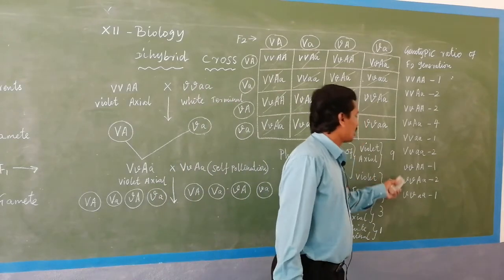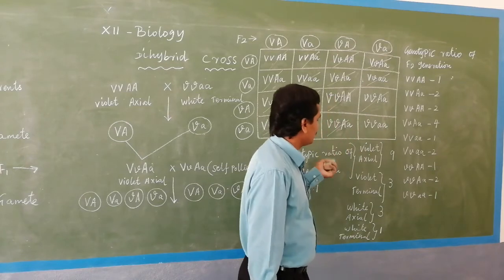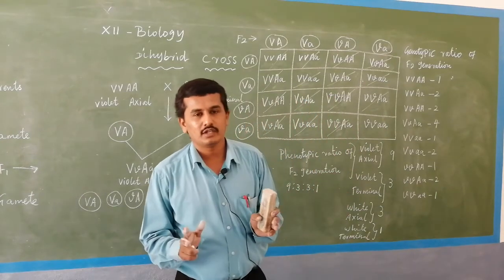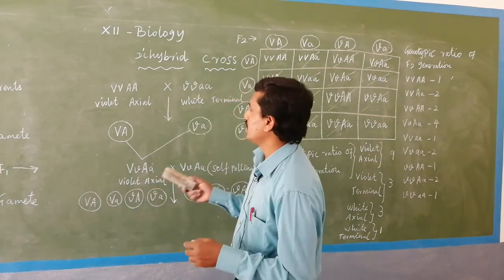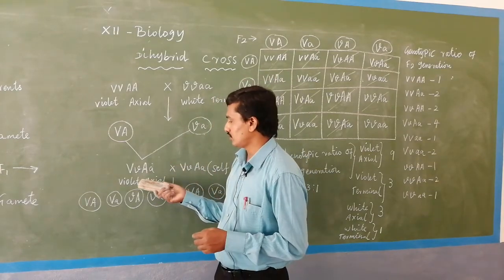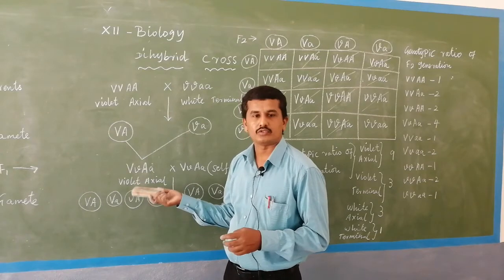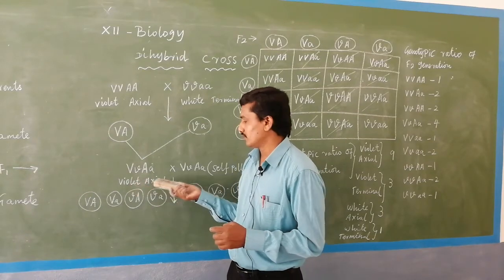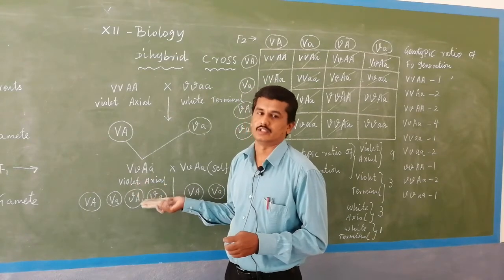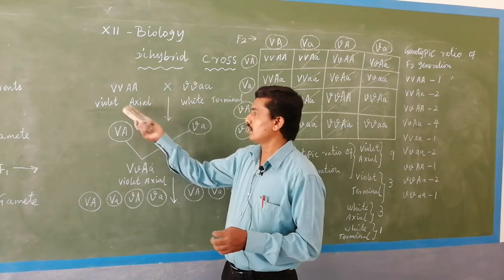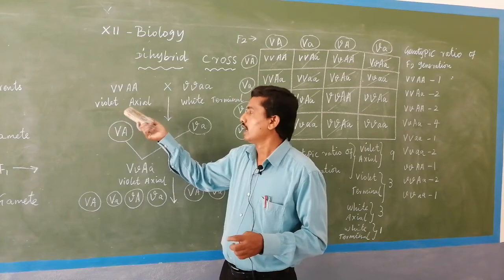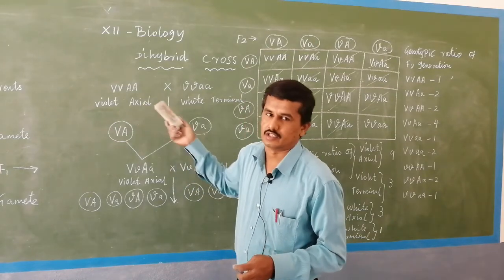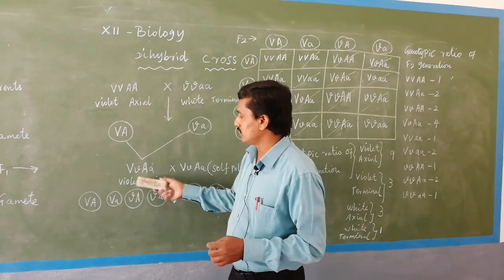Phenotype means external character. The plant produces violet flowers and the flower is axial in position, but genetically it is different.